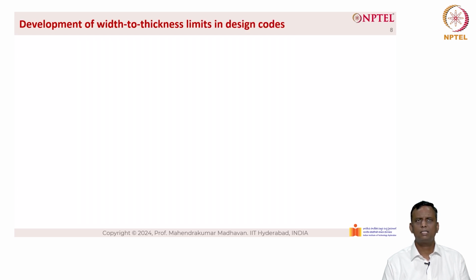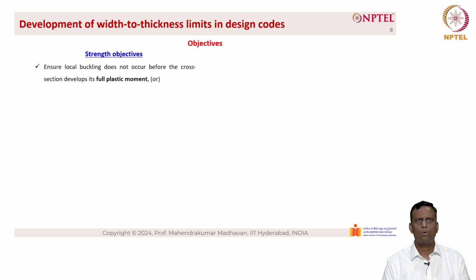Now, let us look at the rationale behind the width to thickness limits in design codes. The objective here is one, the strength objective, which is to ensure that local buckling does not occur before the cross section develops its full plastic moment capacity, and ensure that local buckling does not occur before the cross section initiates yielding.